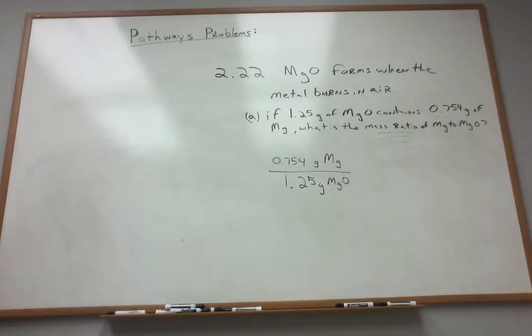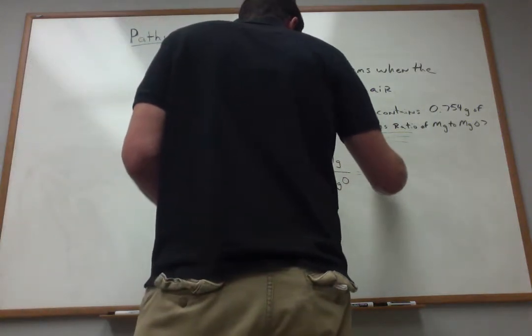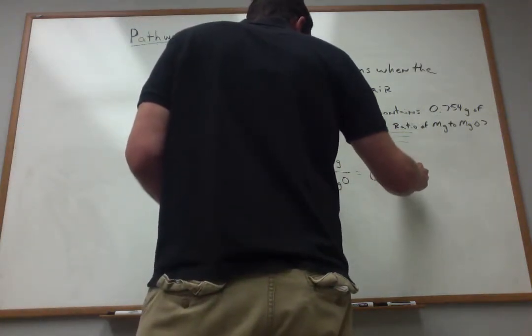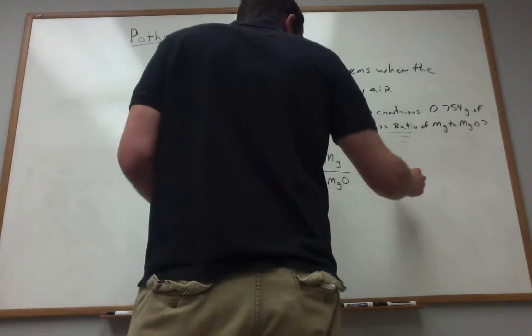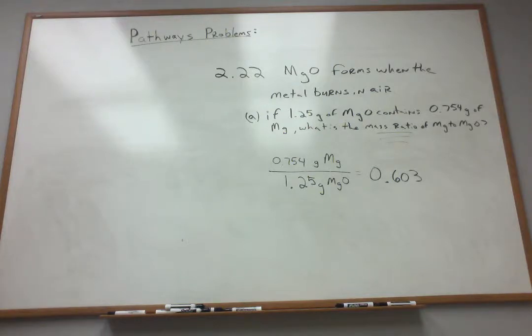Well, this problem's real simple. All we've got to do is take this ratio, do the division. When we do that, we get 0.603. I might also call that the mass fraction of magnesium, 0.603.